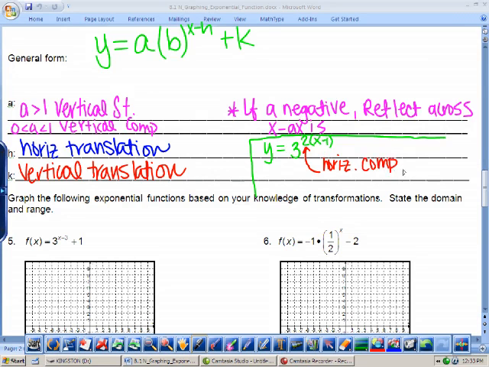Compression, good, because it always does the opposite, right? So it's a horizontal compression. So you need to be able to take that from an equation and write it out for me, that it's a horizontal compression. Or if you're told, write an equation with a horizontal compression, you need to know where it goes. But we're not really going to worry about graphing it, so just worry about knowing and recognizing it, okay?